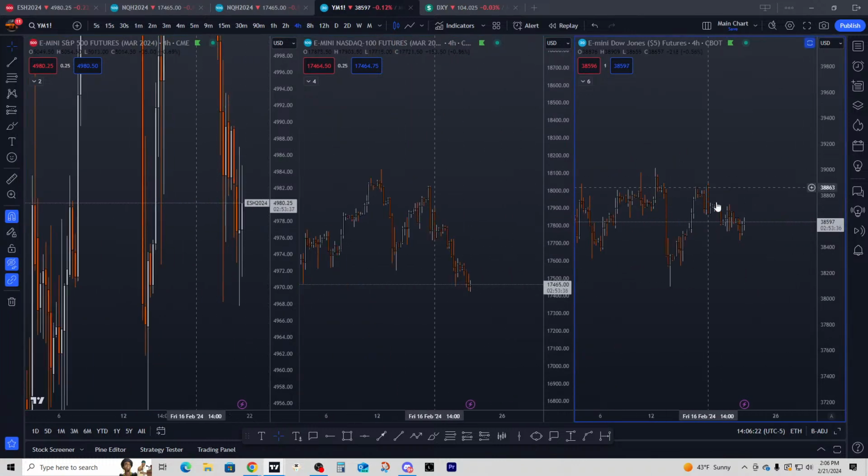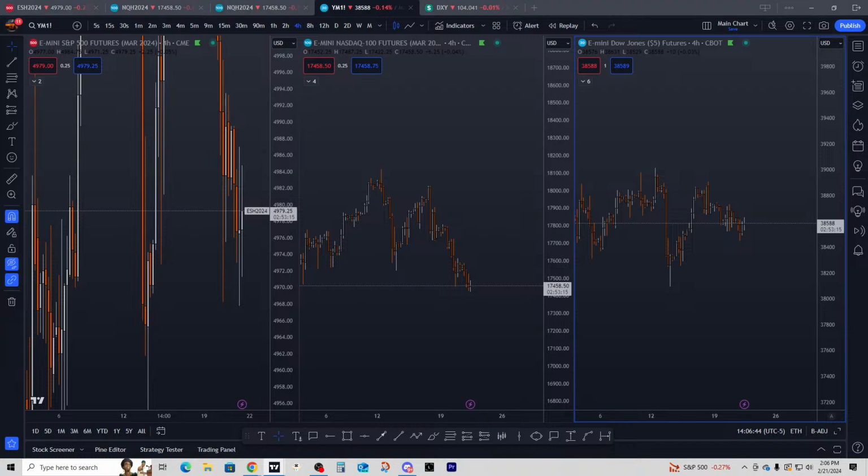We have a lot of low resistance liquidity above here. We can possibly get up into that range. So I want to see if we can get up a little bit higher. There we go, there we go.